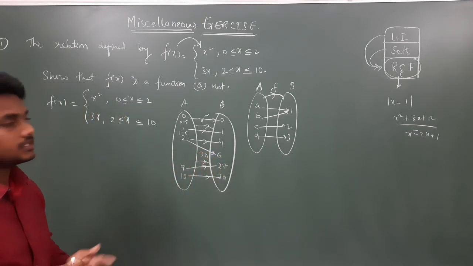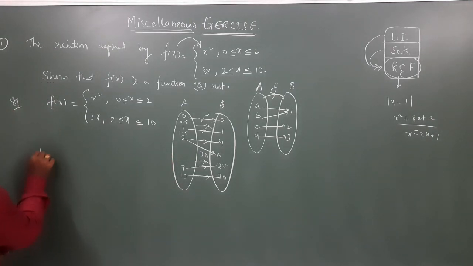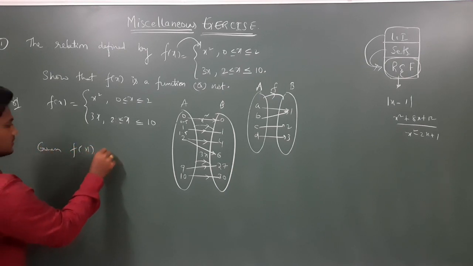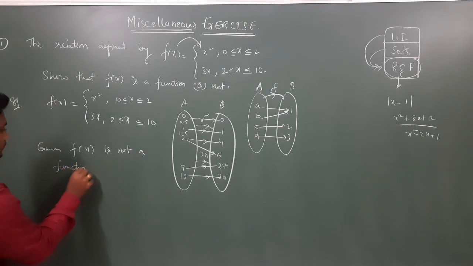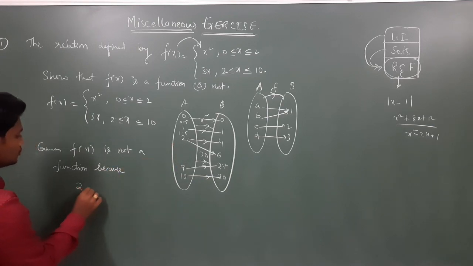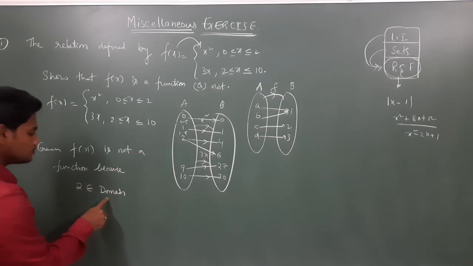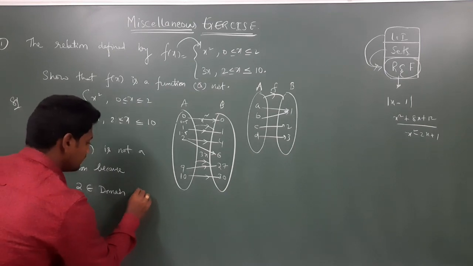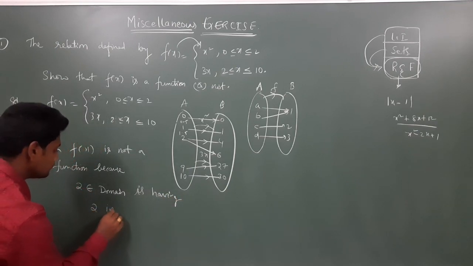If you observe, is it a function? No, clearly no. Why? Because the given f of x is not a function. What is the reason? 2 belongs to the domain, and these are the domain values, and 2 is having 2 images.